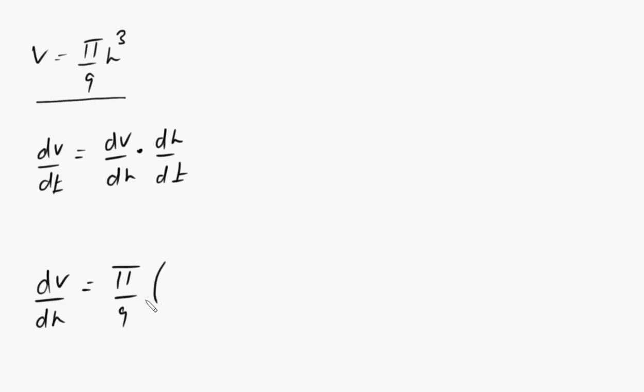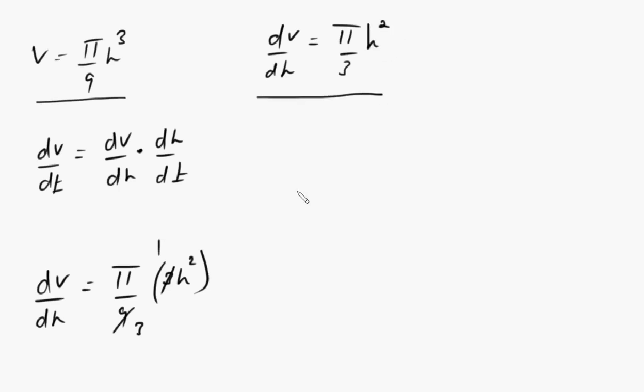Then I differentiate h cubed with respect to h, which is just 3h squared. So 3 goes, here remains 3. So my dv dh now is just going to be equal to pi over 3 h squared. So this one is my dv dh.